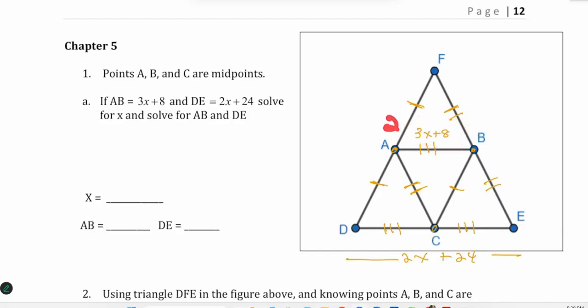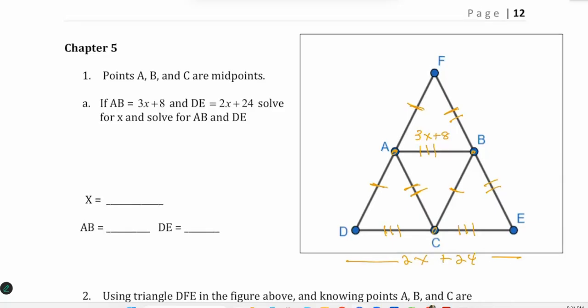So 2 times the small one will equal the big one. That's your relationship. They're not equal to each other, but 2 times the small one equals the big one.